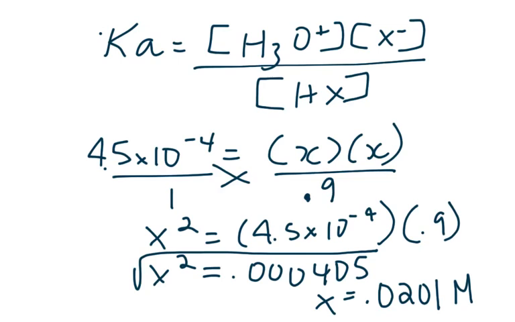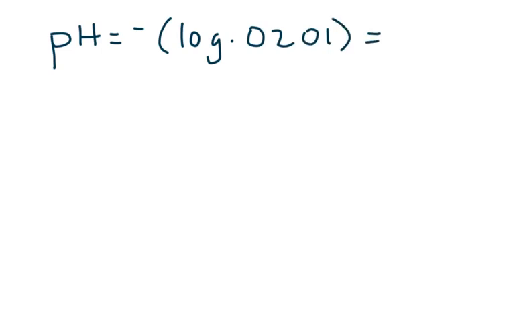Now that's your H3O plus. Now I believe the question asks us to find the pH. So to find the pH, we log it, in case you forgot over spring break. And your answer will be negative, but that's why we have the negative in the front to make it positive, and we get 1.7. Now the next part of the question asks us to find the percent dis.